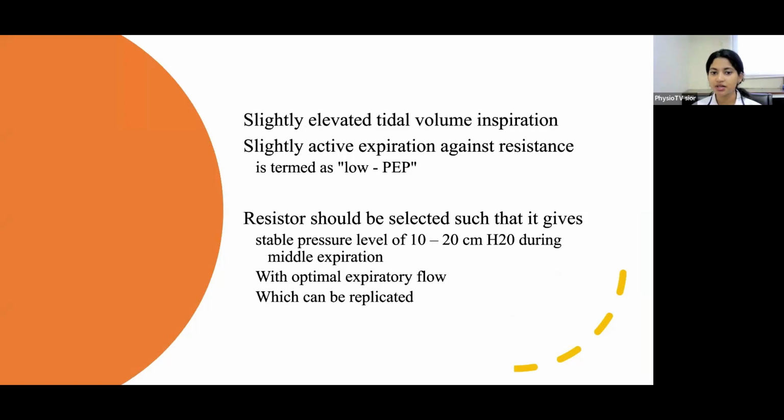For this therapy, a resistor should be selected such that it gives a stable pressure of 10 to 20 centimeters of water during the middle of expiration, it allows optimal expiratory flow, and finally, it can be replicated with each therapy session.